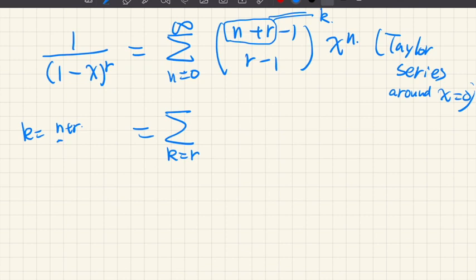So when n is 0, k is r. So this becomes k minus 1 choose r minus 1, and this n should become k minus r. When k is r, this is 0. So that corresponds to n equal to 0.